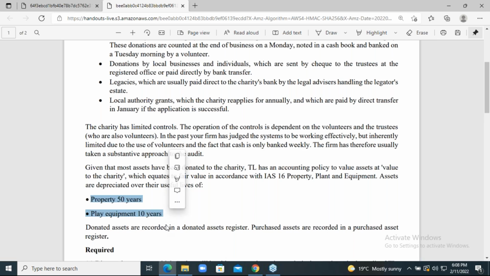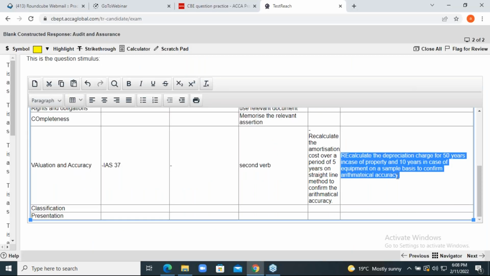And what happened? It became like this. And this one is now a customized or specific procedure, or we can say a well-described procedure, which the examiner is looking for. So I recommend that you kindly follow this style.